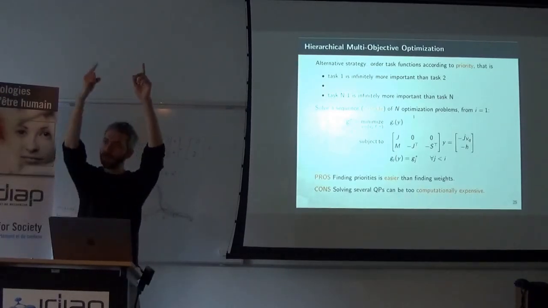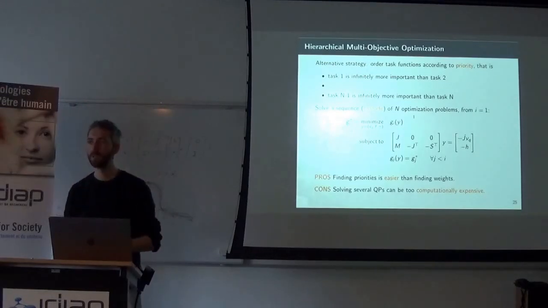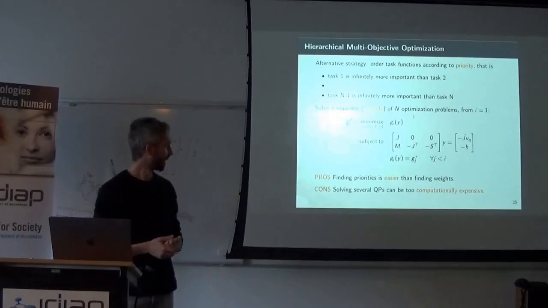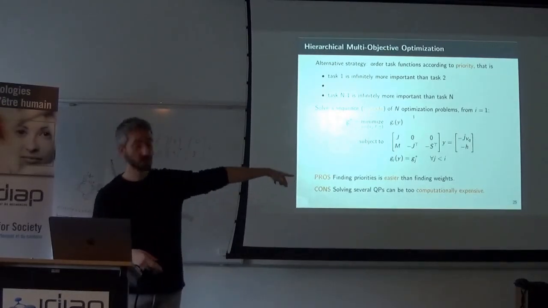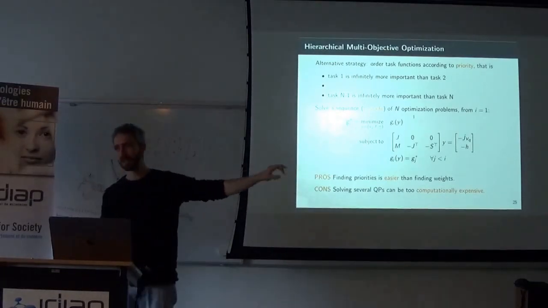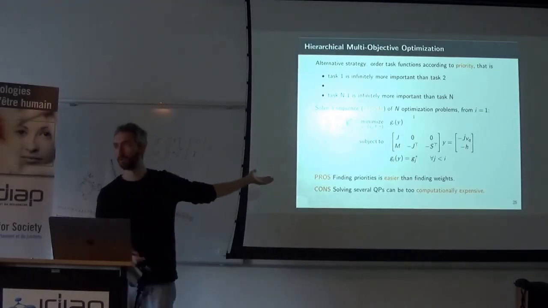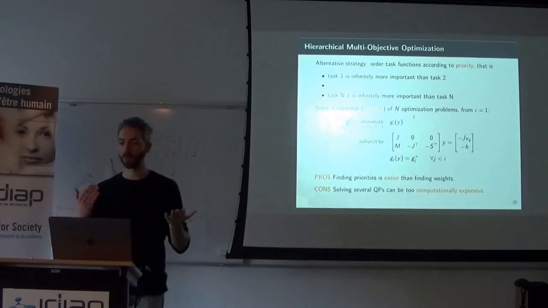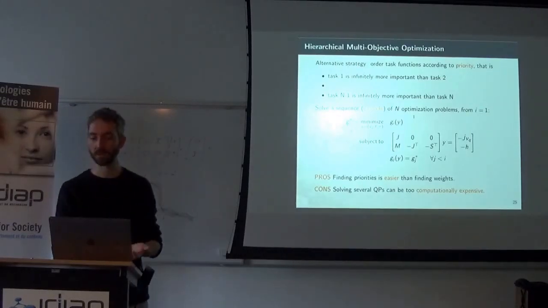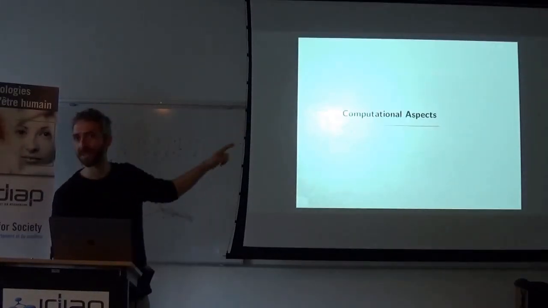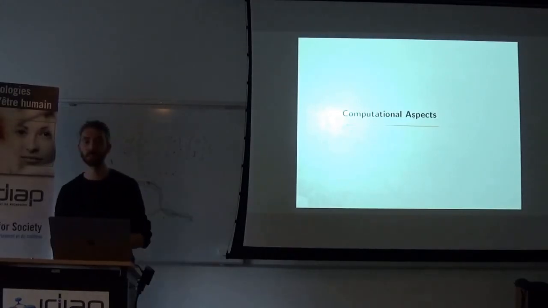You don't care about finding the whole front. So it's a very specific case. And the fact of being more computationally expensive is a big disadvantage since we are talking about real-time control, which is typically done very fast. We're going to see that in the next and final section.